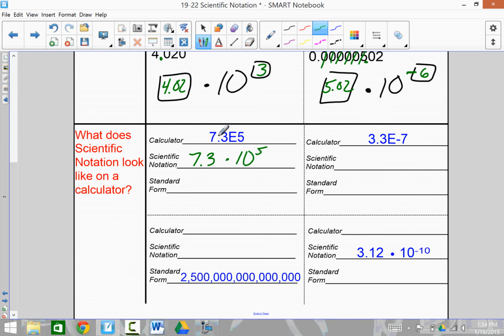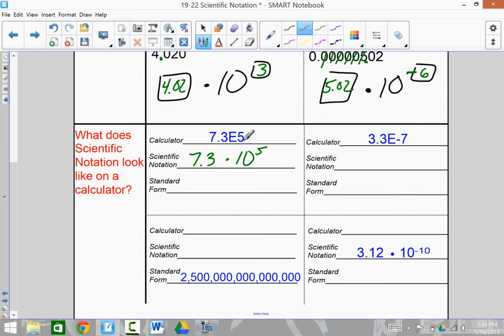In other words, the 7.3 is your number that's that first box between 1 through 10. The second number after the E is going to be your exponent. That E in calculator language is basically the 10 to what power. Okay, so what does that look like in standard form? So by now we should know we're going to take this decimal point, we're going to move it 5 places to the right.